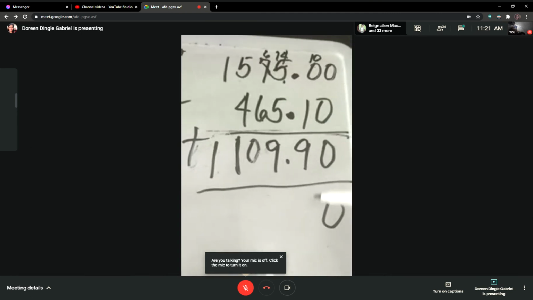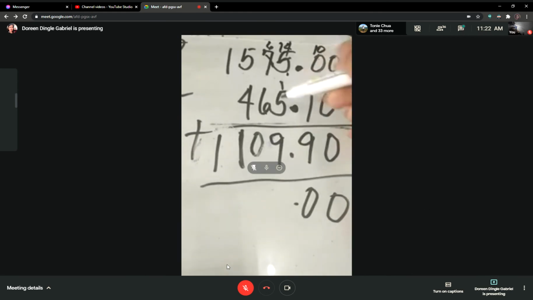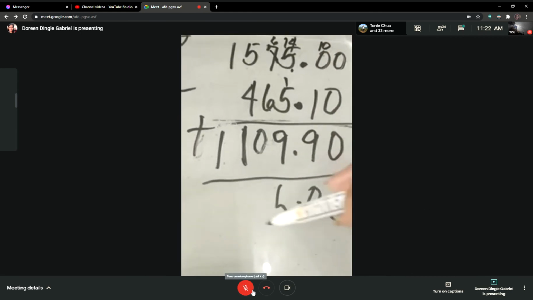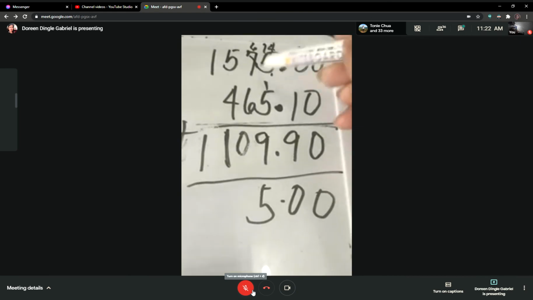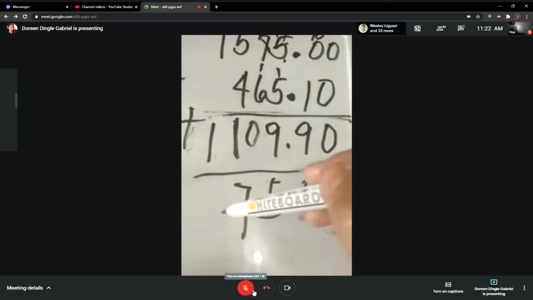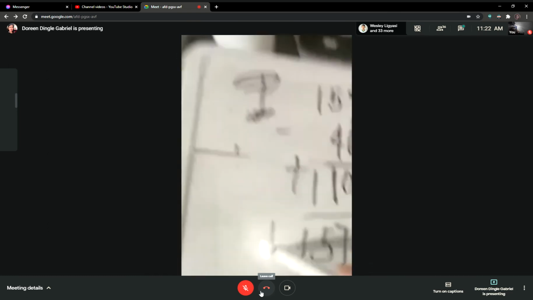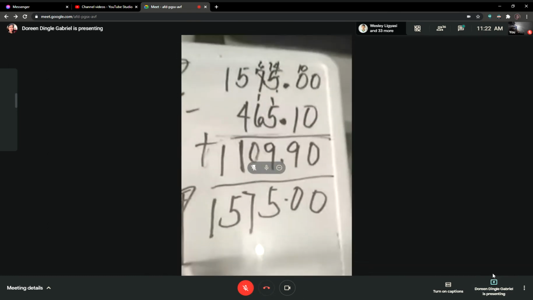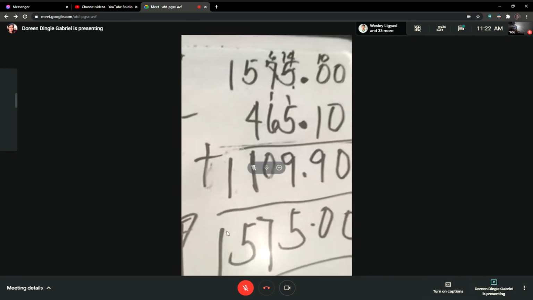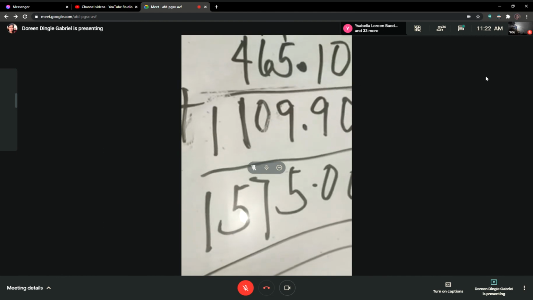Then, 1 plus 9 is 10. Regroup 1. 6 plus 9 is 15. Then, regroup 1. 7. Then, 4 plus 1 is 5. Then, bring down 1. So, your answer is correct. You have here 1,575 pesos. Therefore, your answer is correct.